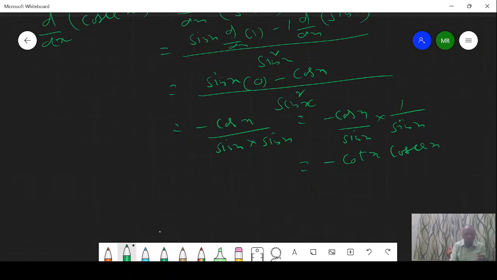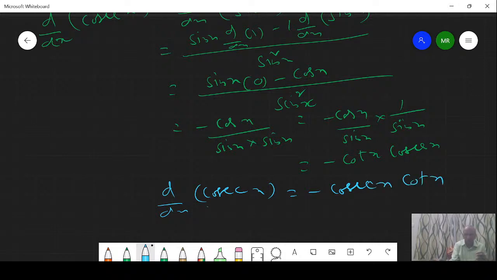The conclusion I can write now: d by dx of cosecant x is equal to minus cosecant x cot x. So remember this one.